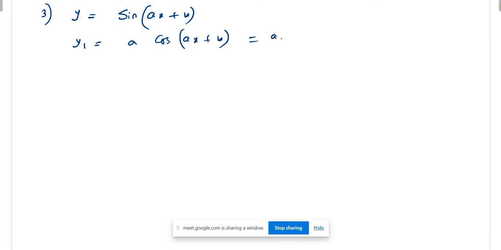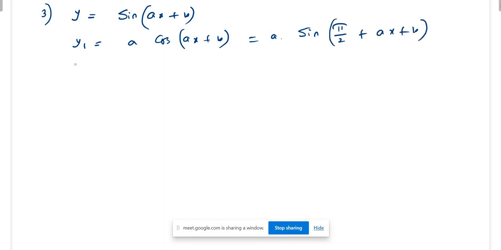On the other hand, if I take another function, suppose y equal to sine ax plus b. So we know that y1 is a times cos ax plus b, and this can be written as a into sine pi by 2 plus ax plus b.